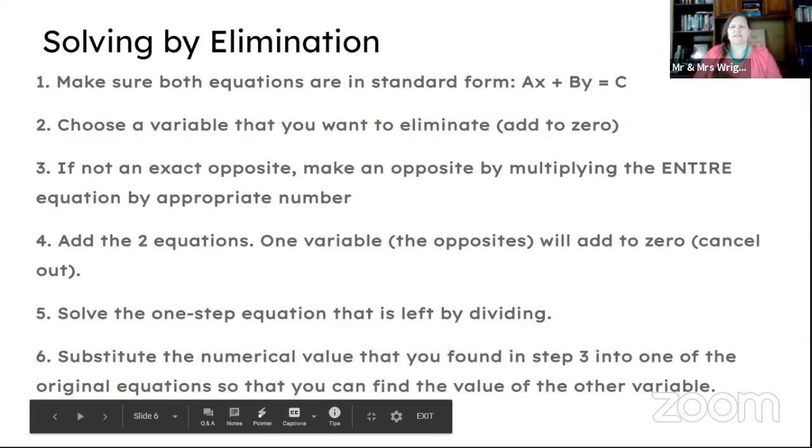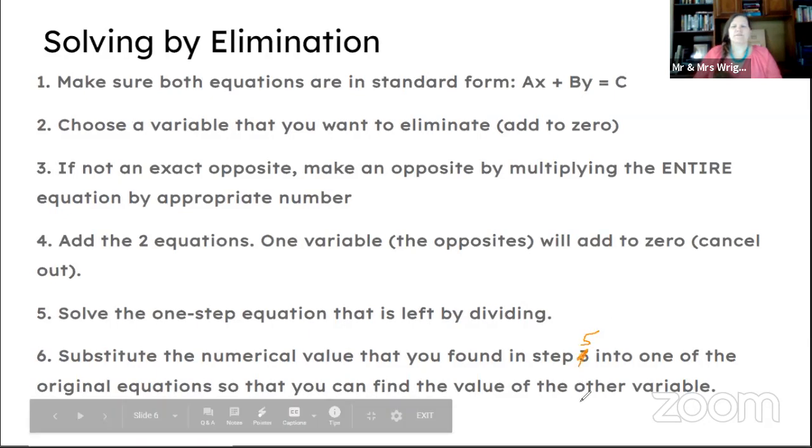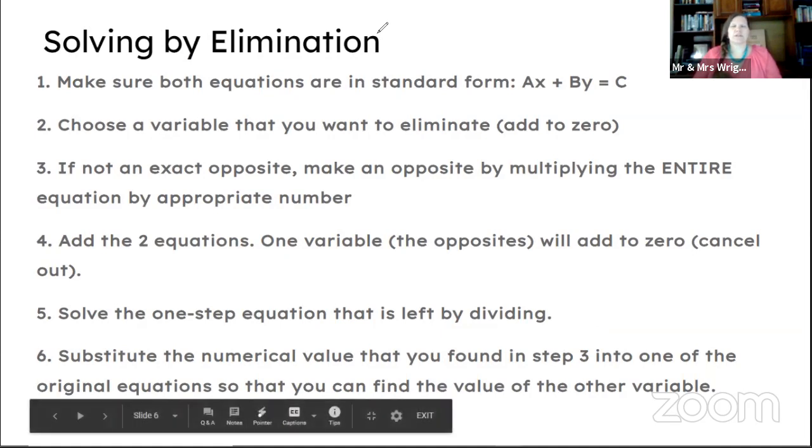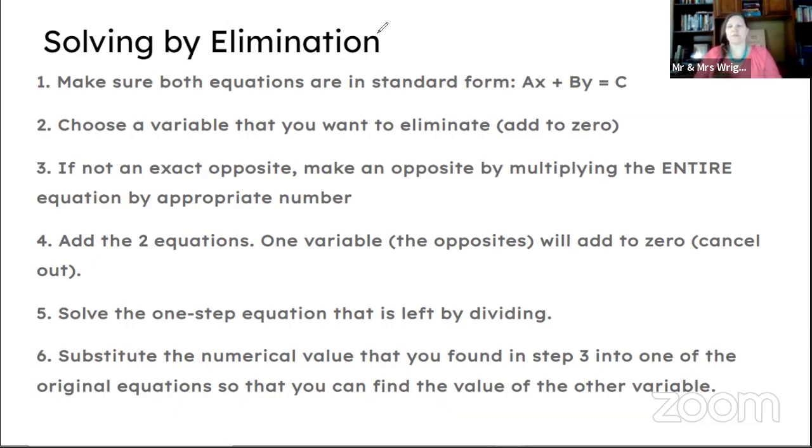So it should say step 5, into one of the original equations so you can find the value of the variable. We're going to see these instructions one other time. Hopefully I'll remember to change that on those as well.